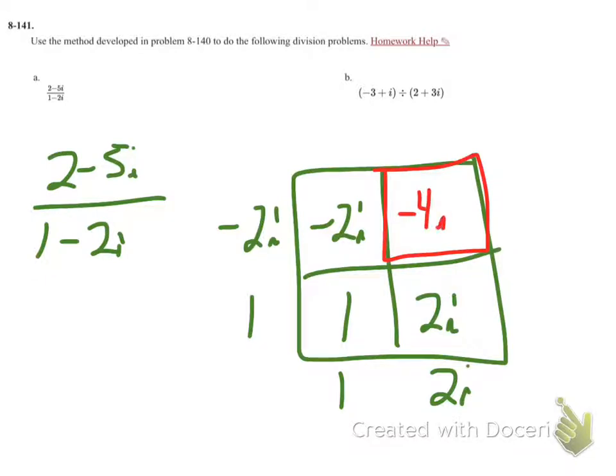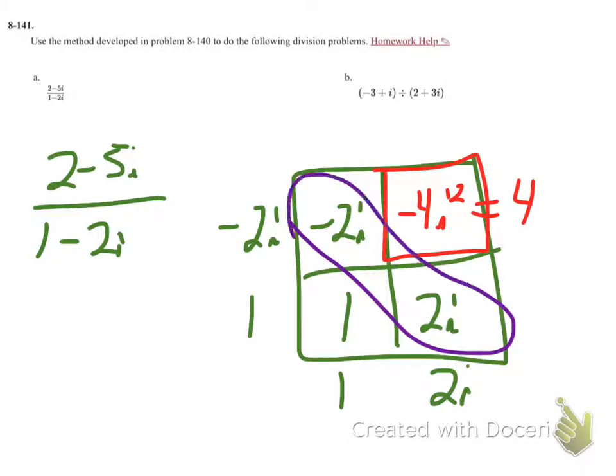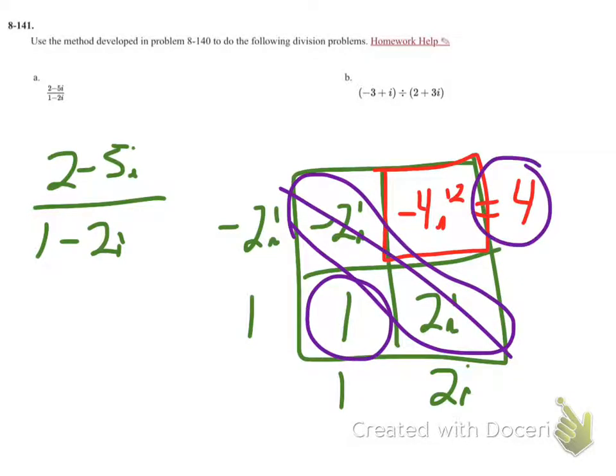I times I is i squared. So I end up getting negative 4 times negative 1, which is now a positive 4. So when I combine like terms, these two, just like in a difference of squares, cancel out and become 0. And I get 1 plus 4. So multiplying those two gives me 5.